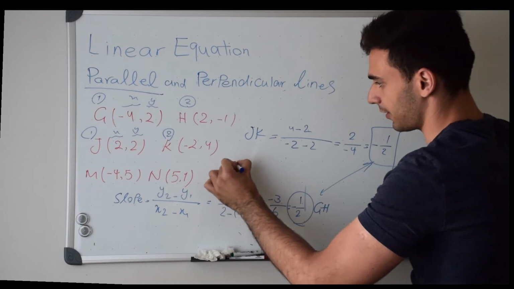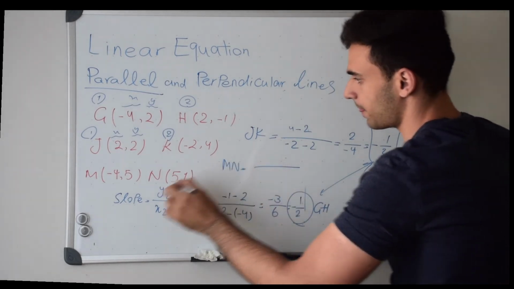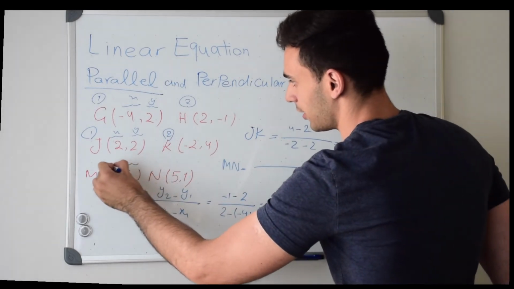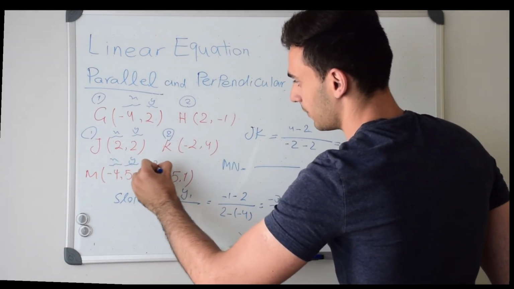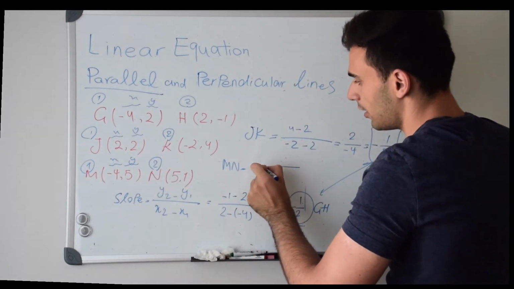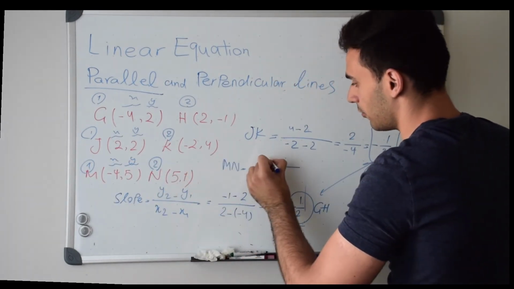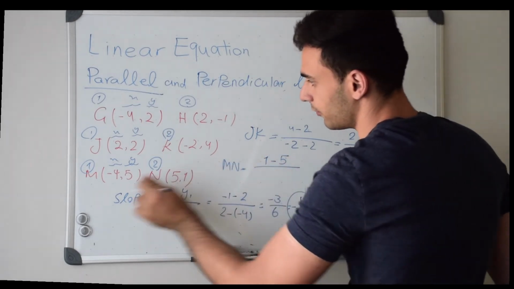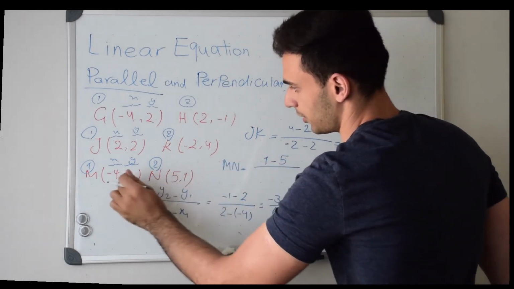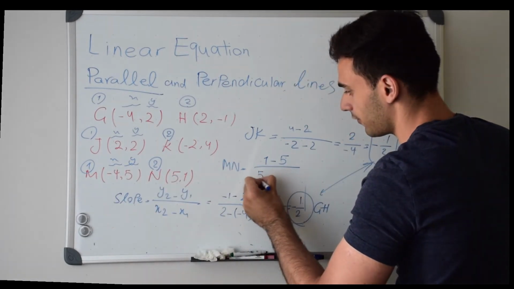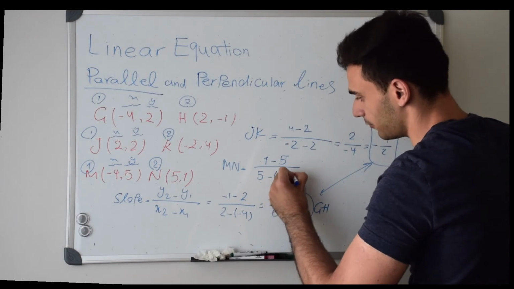Let's check MN out. Again, x, y, point 2, point 1. There we go: 1 minus 5 over 5 minus 4.